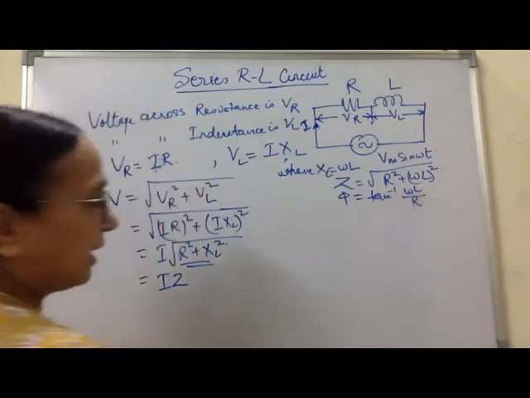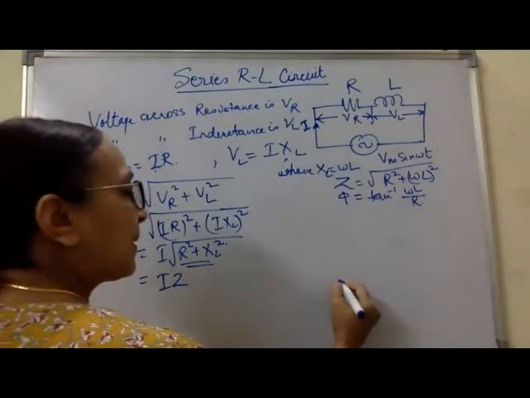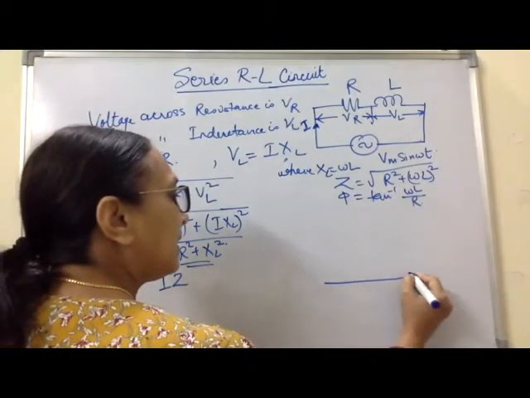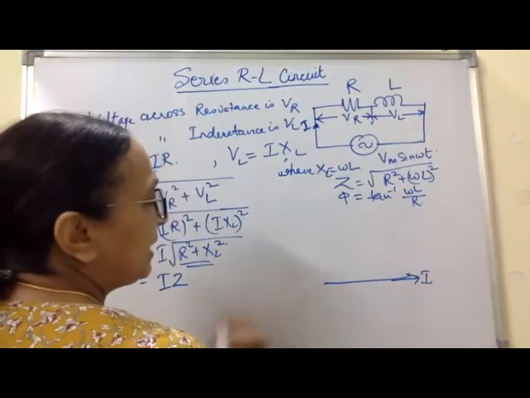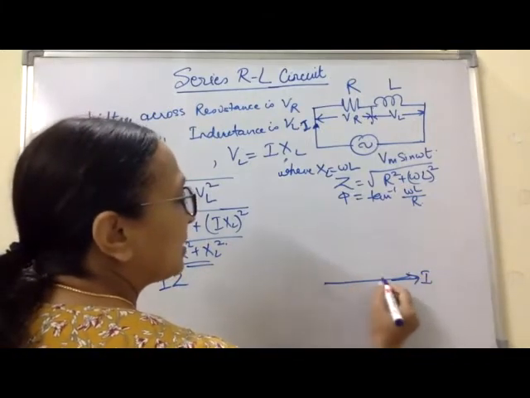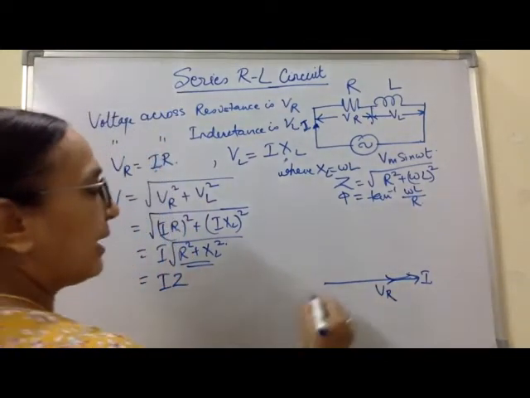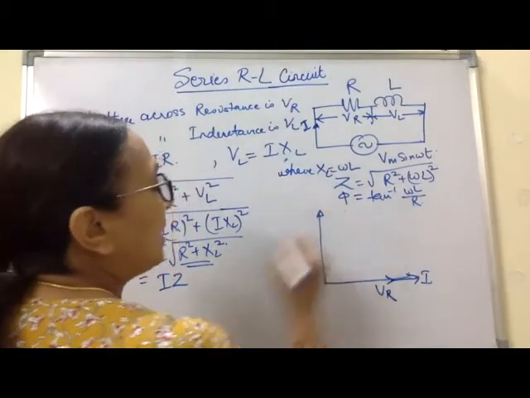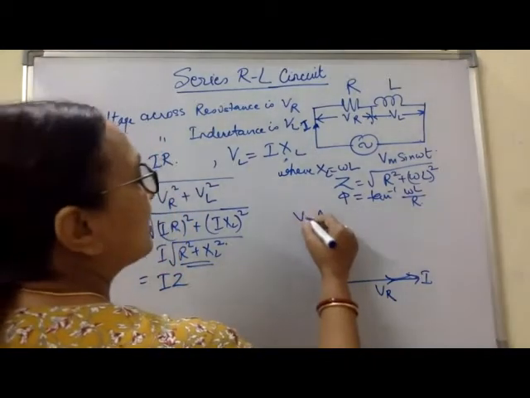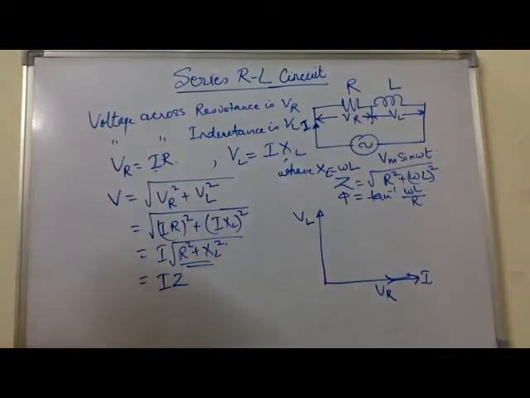That is, if I draw the voltage diagram, then if suppose this is the current, then the voltage across the resistance will be I into R or VR, and the voltage across the inductance will lead the current by 90 degrees, because current in the inductor lags the voltage by 90 degrees.